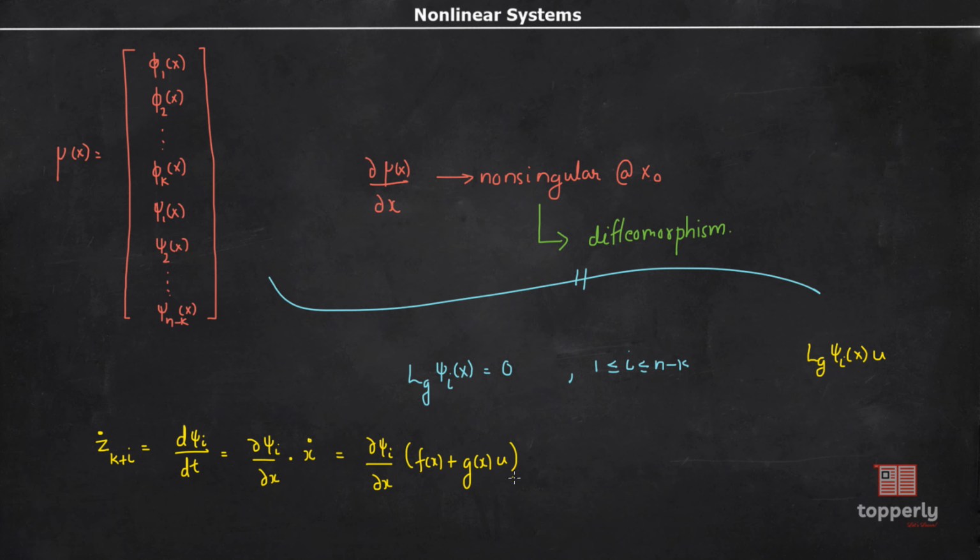And this gives us Lf psi i of x plus Lg psi i of x into u. But we chose Lg psi i of x is equal to 0. Therefore, this term will be 0.